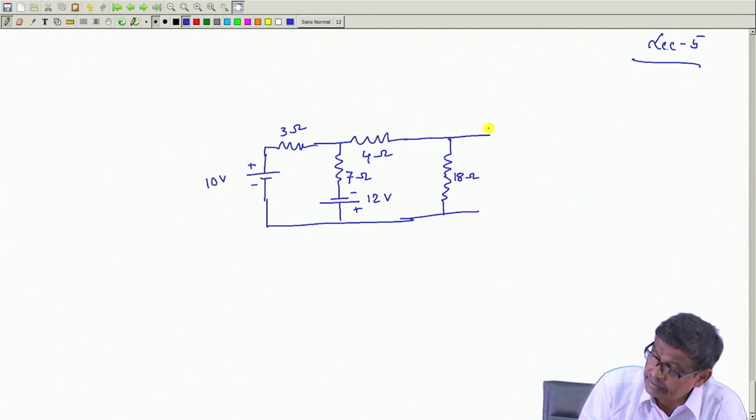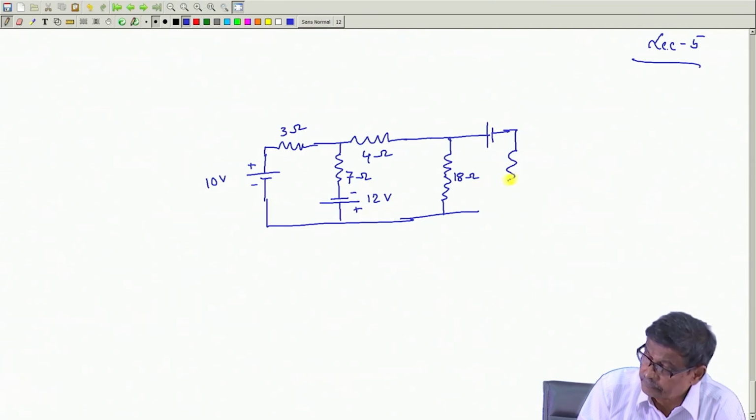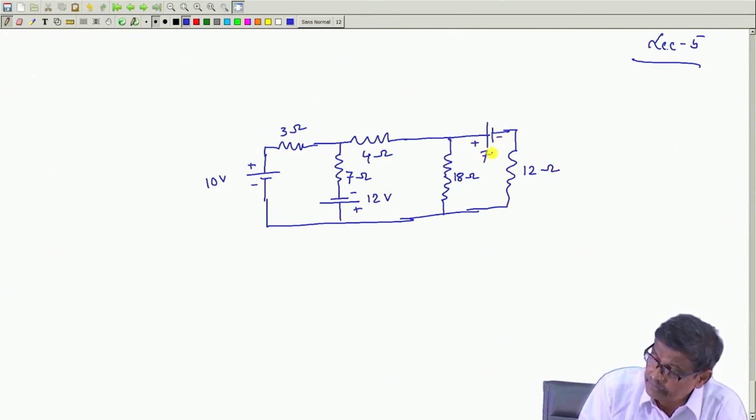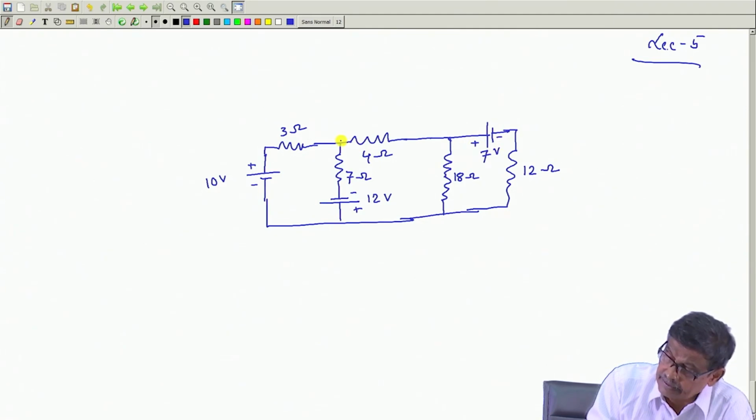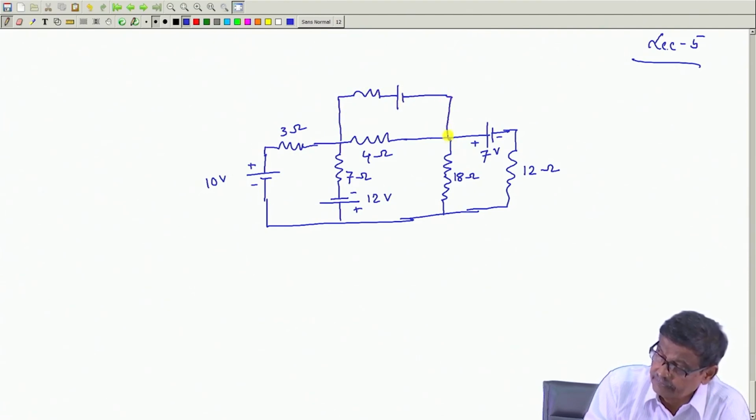Here is another branch which is 12 ohm, and here is a voltage 7 volt, and here is another branch, say 1 ohm, and this is plus minus 4 volt.